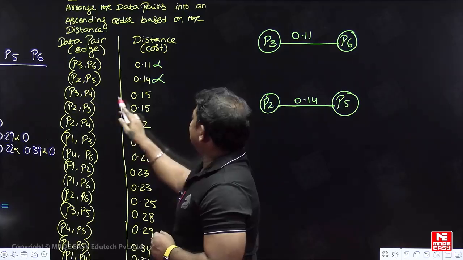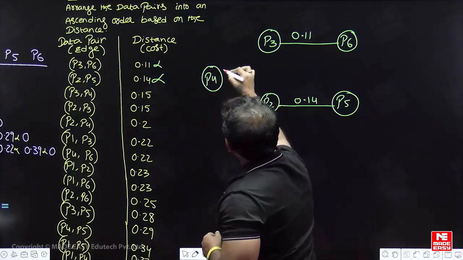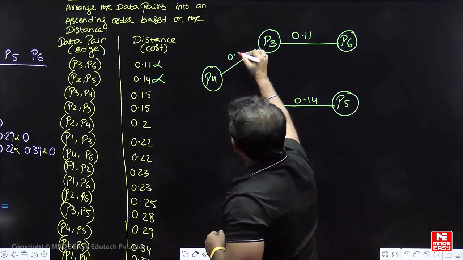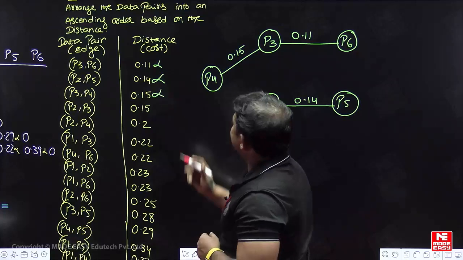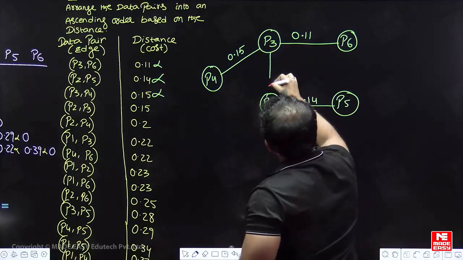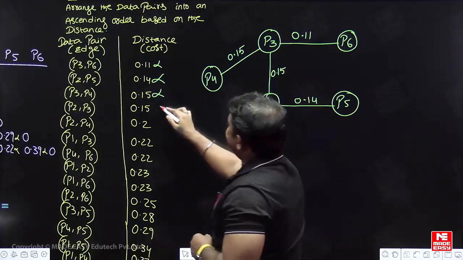Then P3, P4 are connected with an edge cost of 0.15. P2, P3 are also connected with a cost of 0.15.